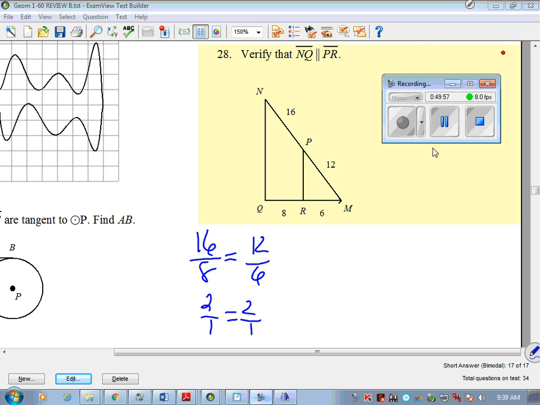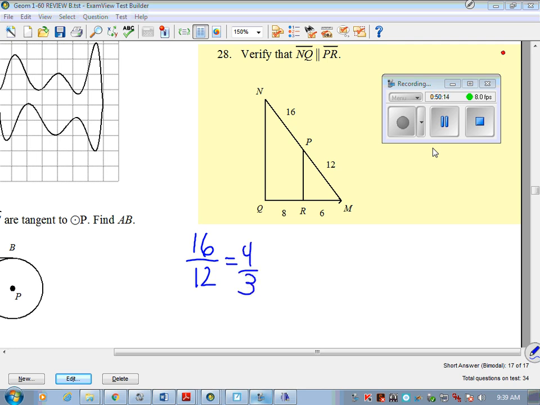All right, so the actual listed answer here is NP over PM, and you can do that as well. NP over PM, so 16 over 12 equals 4/3. Okay, this over this. And then we want to do 8 over 6.